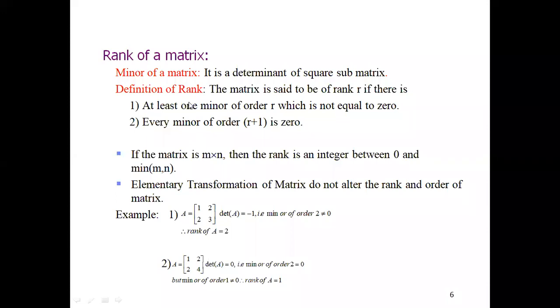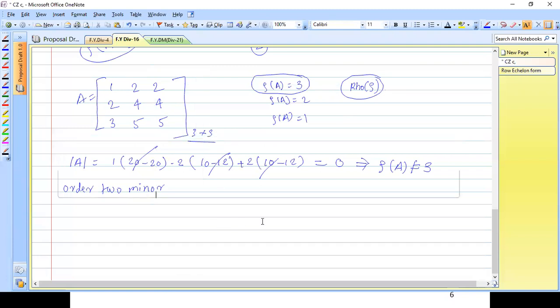At least one. One minor should be non-zero. So do you have one minor which is non-zero? Which minor? Please tell me. Okay, so we will just write down here.